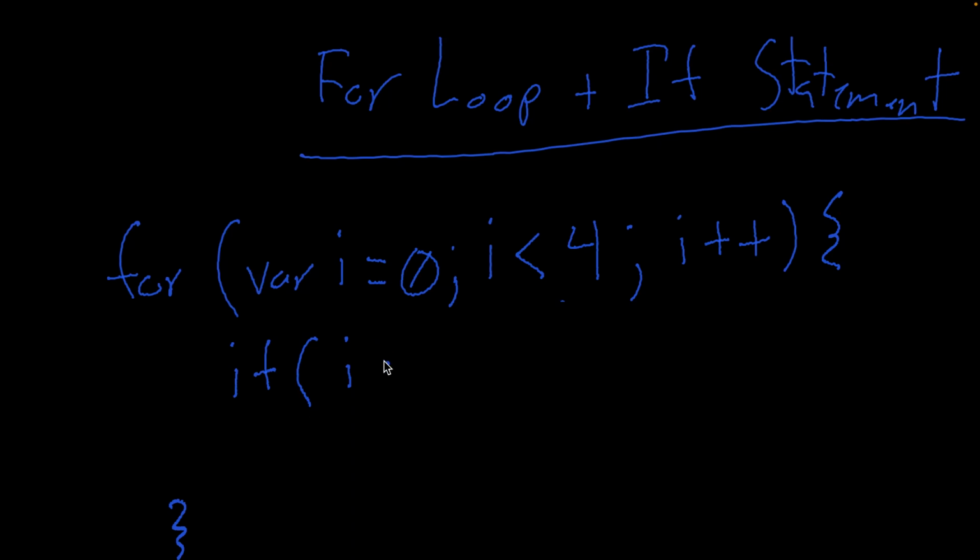is equal to 2, if at any point i is equal to 2, I want you to console log hello. This is my closing curly bracket.